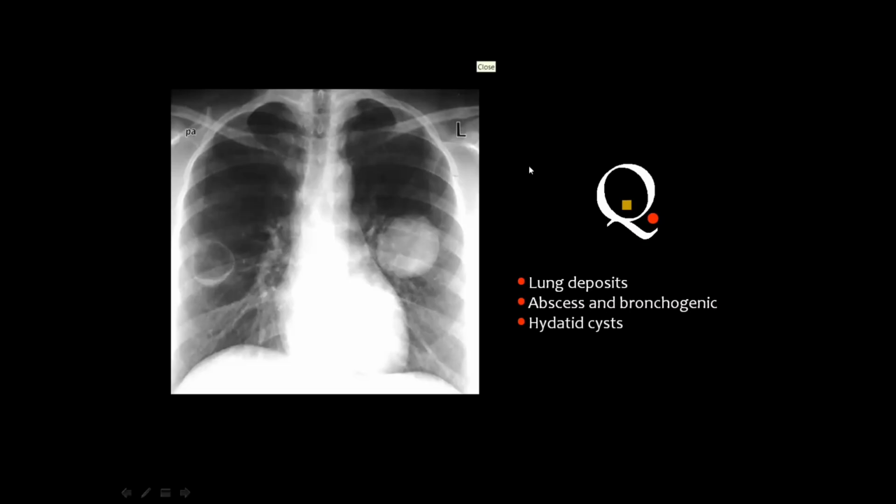Right, and actually, if you see a lesion like this and another lesion like this, sometimes you get multiple lesions, one of them containing an air fluid level, then you should suspect that these lesions represent hydatid cysts, one of them ruptured, and the rest of the hydatid cysts are intact.